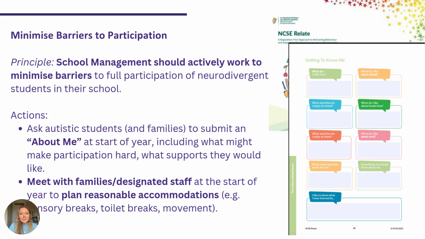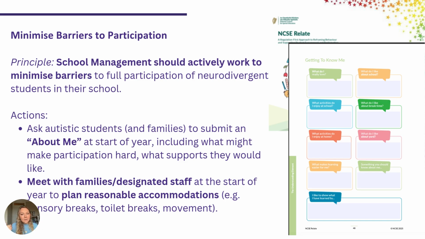And so this will be a great way for teachers to get to know their students, and be able to support them straight away. I'd also recommend meeting with family and designated staff at the start of the year and at the end of the year to plan reasonable accommodations.